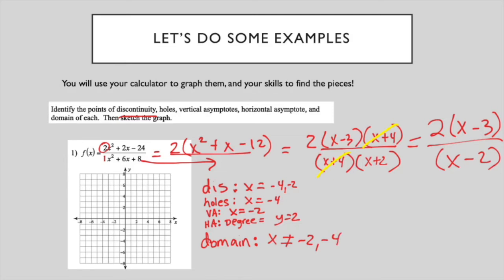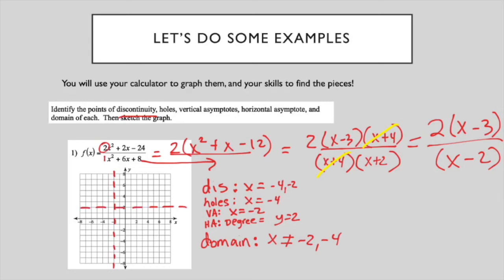Let's use all this information to graph. I'm going to first do the horizontal and vertical asymptotes, okay? So I'm going to do x equals 2. That's right. Excuse me, -2. x equals -2, and y equals 2.